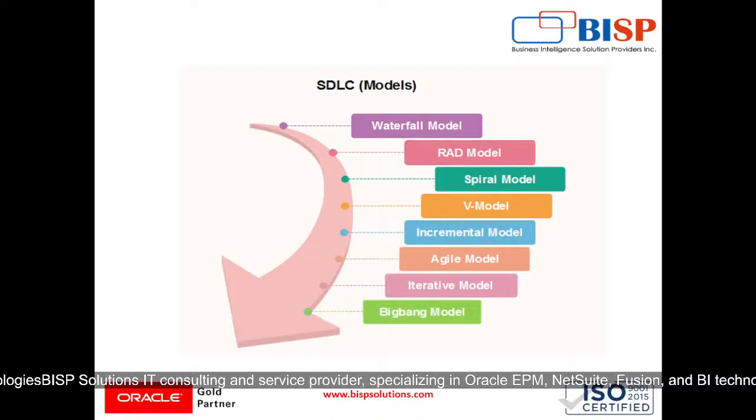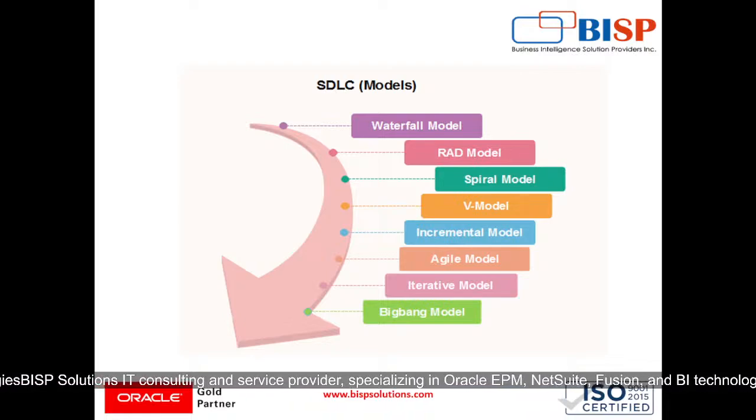After that, there is the spiral model. The spiral model is a combination of iterative development with risk management at every phase. Its limitations are that it is high cost and complex due to repeated risk analysis, and it is not suitable for small projects with minimal risk.